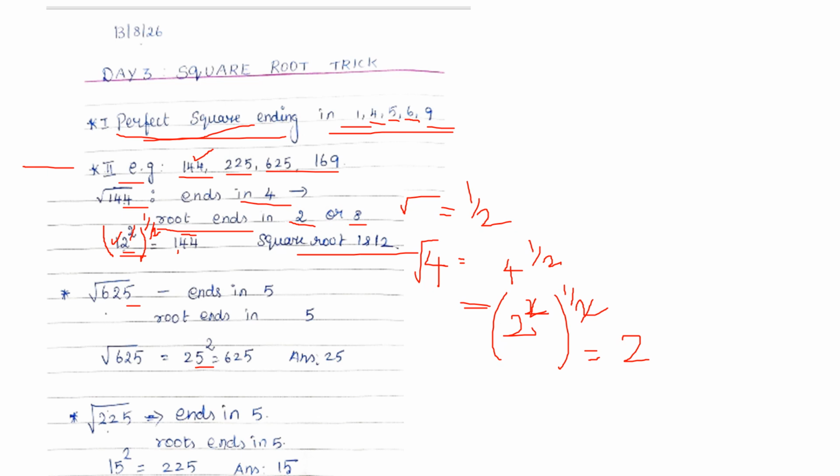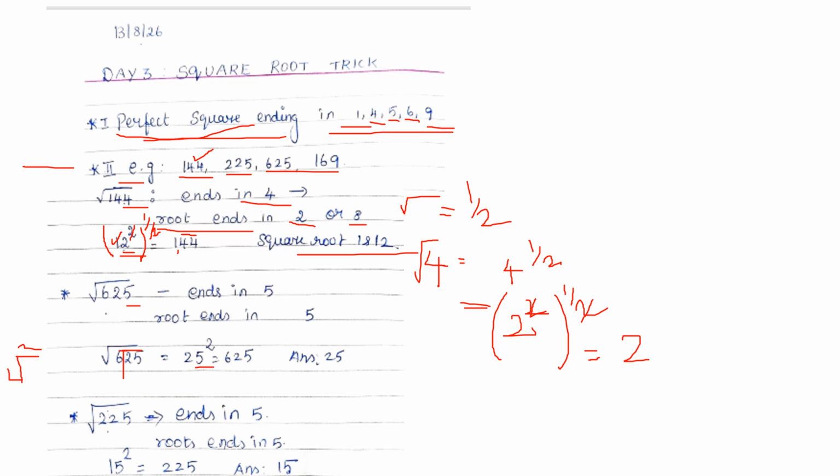Next, as I already told you, pair it: 25, and the remaining 6 is there. For 6, you have to find the square number: 2 2s are 4, and 4 is subtracted from 6.